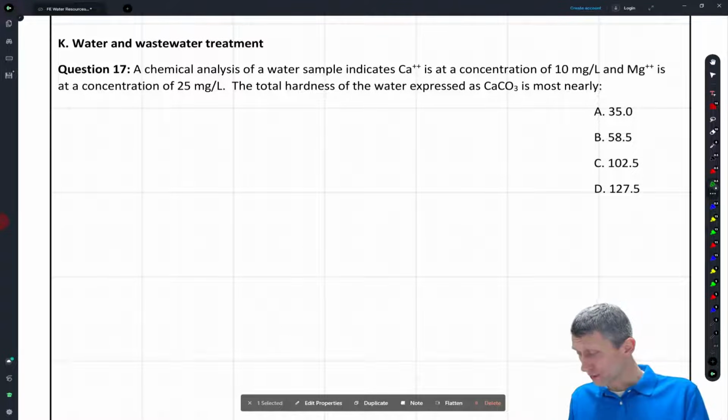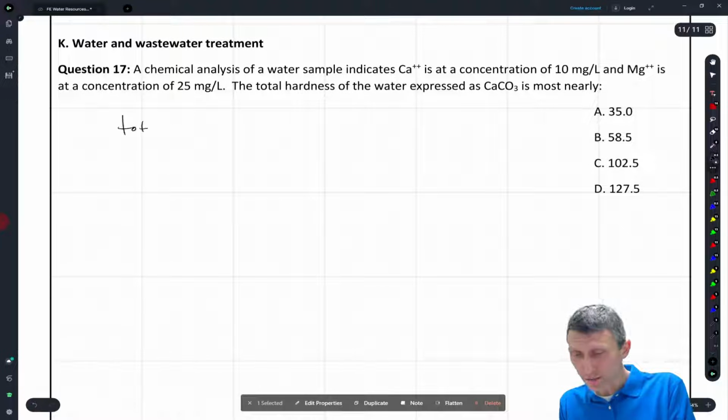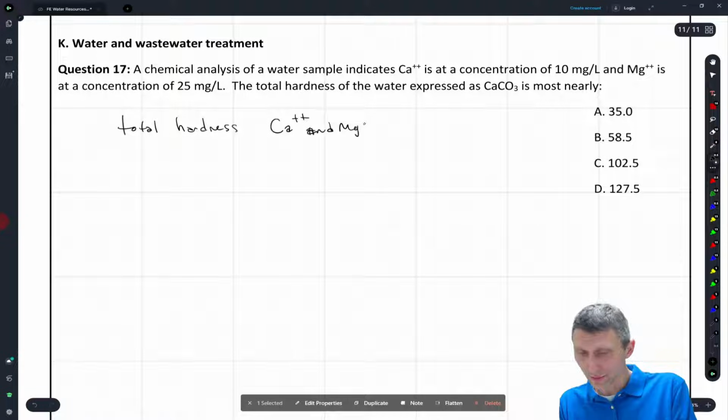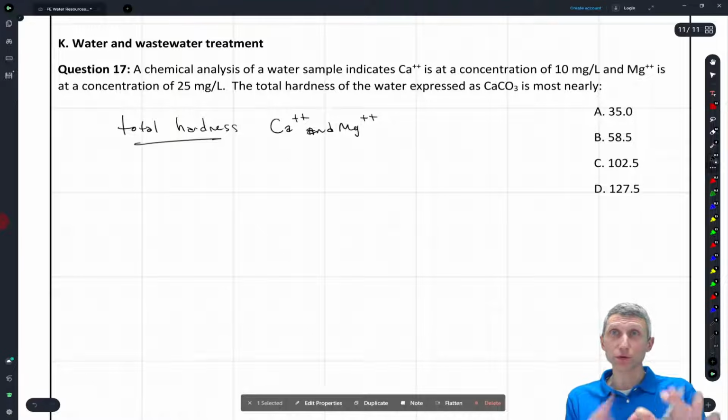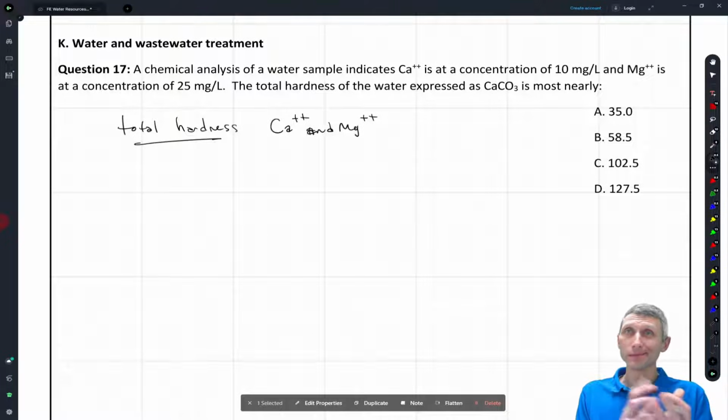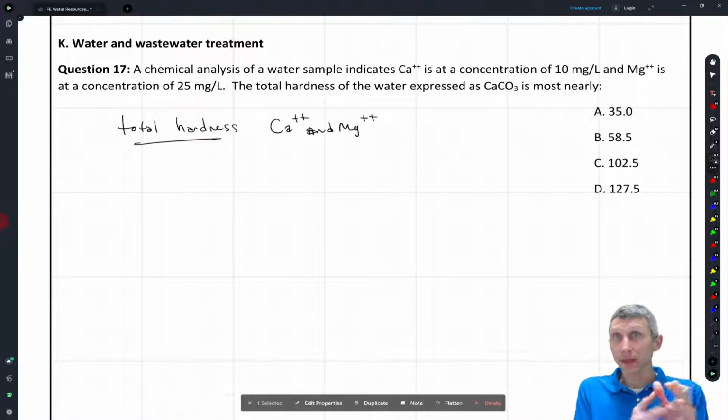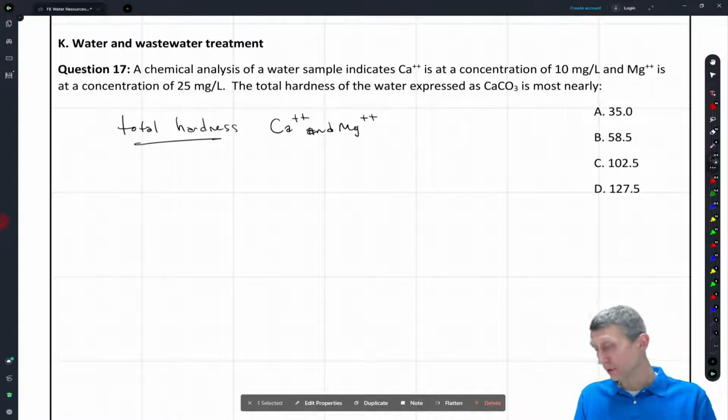And what we see here is total hardness in water is essentially the sum of the calcium and the magnesium. Okay, that is our total hardness, which is what we want to solve for. So if you get other chemical analyses that give you other components in there, minerals in there, the calcium and the magnesium you want to pull out for the total hardness.